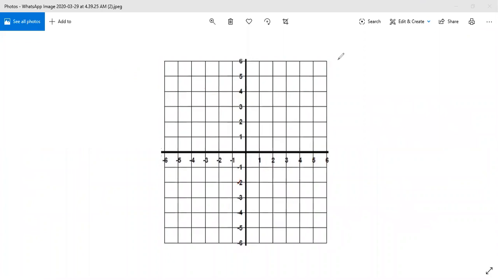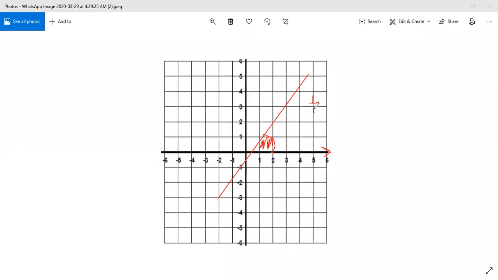I'm only teaching you a small part: how to know whether the gradient of the straight line is positive or negative without calculating, only from the position of the straight line on the graph. If your straight line is making an acute angle with the positive direction of the x-axis, this is a positive gradient.